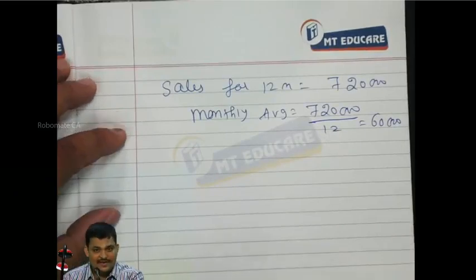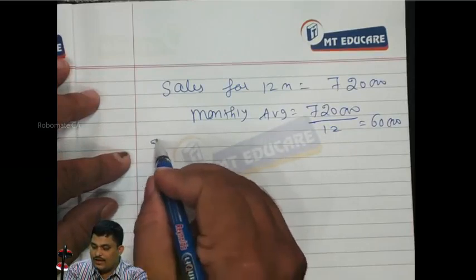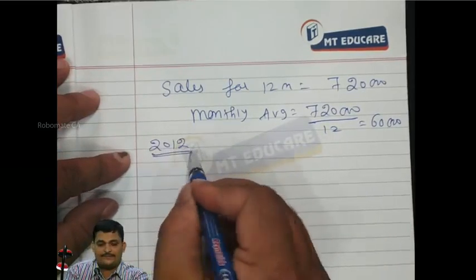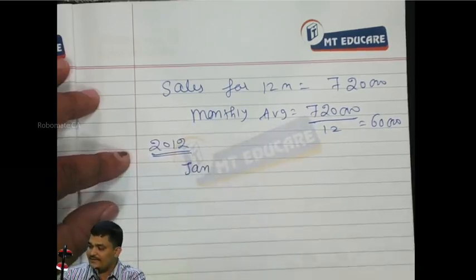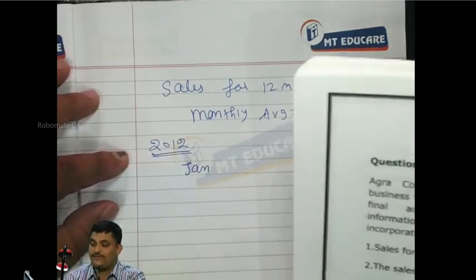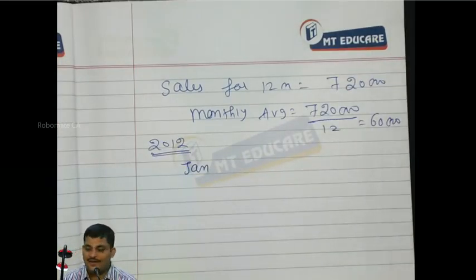Now please listen carefully. For 2012, January: they are telling it is twice the average sales, not twice the sales of February or March. We are not saying 60,000 is the sales of any month. 60,000 is the average of that year.